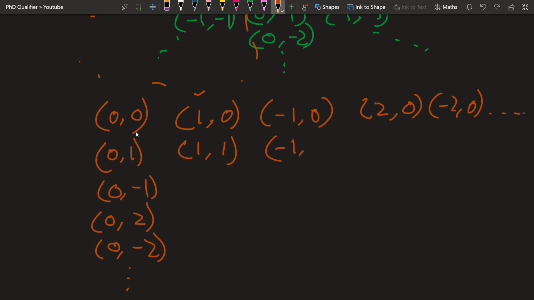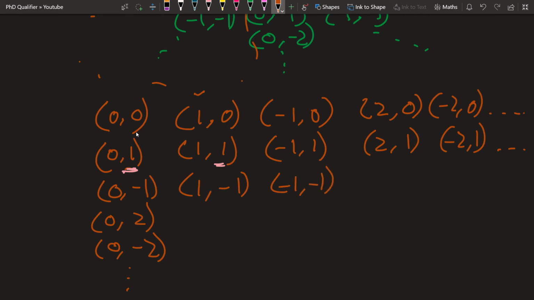So all vertical axis 1 points I am writing in this line, and you get the drill. And so here I will have 1 comma minus 1 and so on. So this will be 1 comma 2, and I can continue like this.